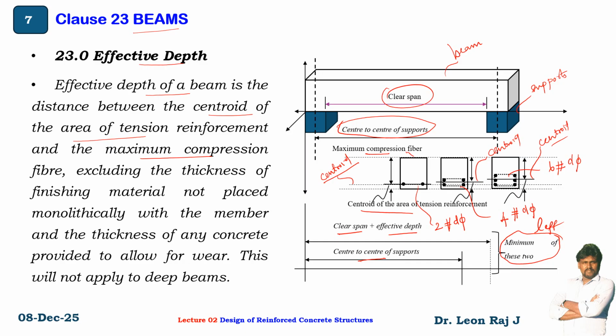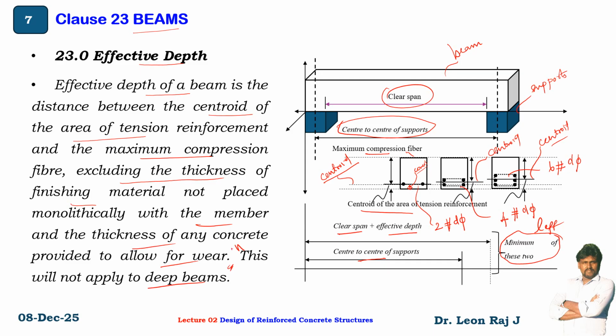Maximum compression fiber excluding the thickness of the finishing. After the beam, there will be some finishing. So this can be a cover, and this can be a cover or finishing, with the member and thickness of any concrete provided to allow for wear. This will not apply to deep beams, so also note down this.